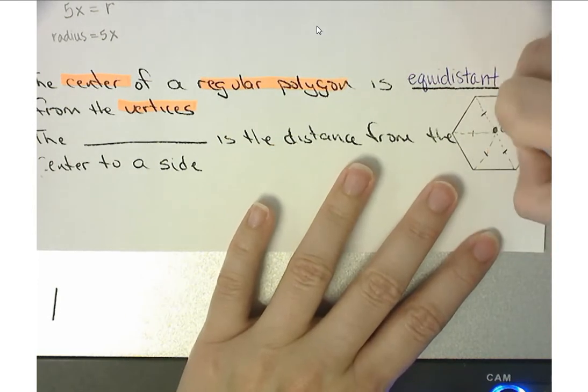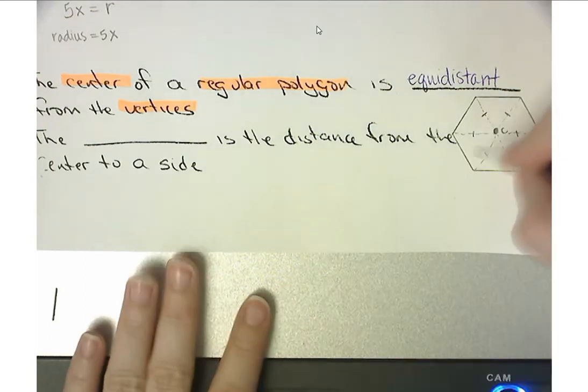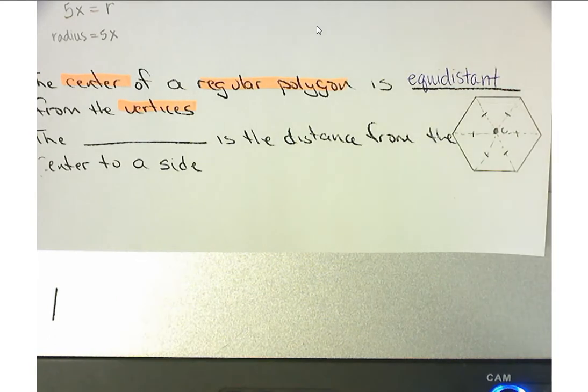So what type of triangles do I have? I have isosceles triangles. So if the two sides are the same, then we know the angles across from them are the same. So that's going to come in handy.